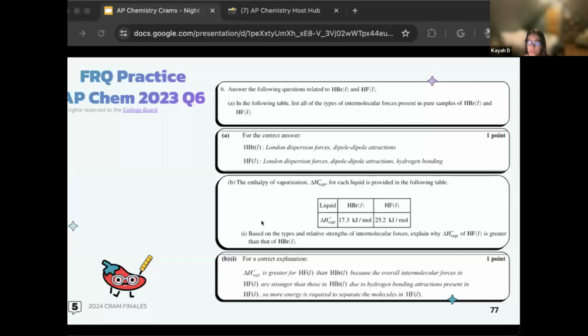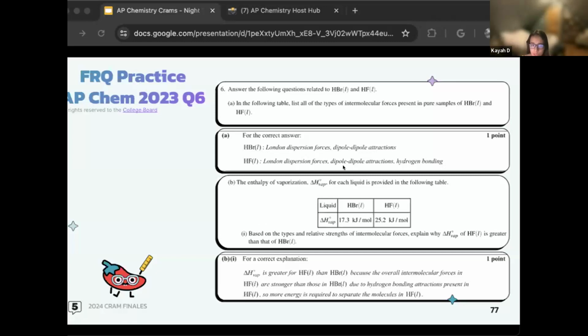The same thing will exist for HF, except with HF we have the presence of hydrogen and fluorine, which means that there is hydrogen bonding also involved. For the exam, it'd be better to write out London dispersion forces rather than use an abbreviation, so as not to risk getting points taken off.